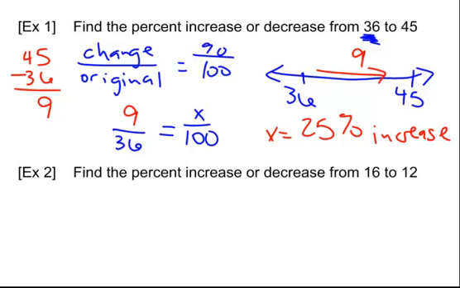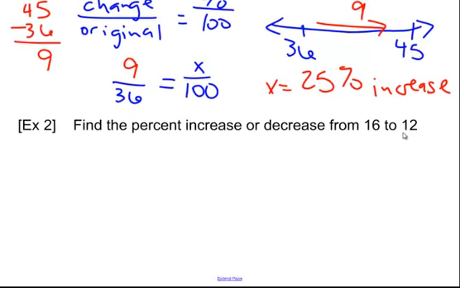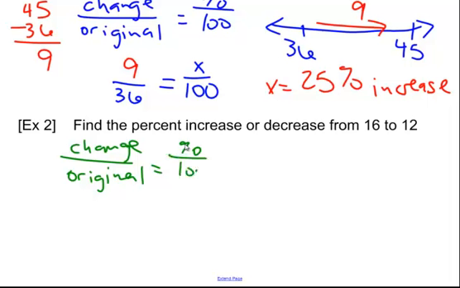Okay, welcome back. Find the percent increase or decrease from 16 to 12. Well, again, we're going to do change over original equals percent over 100. So it changes from 16 to 12. 16 minus 12 is 4, so we can put 4. Originally, it started at 16, right?